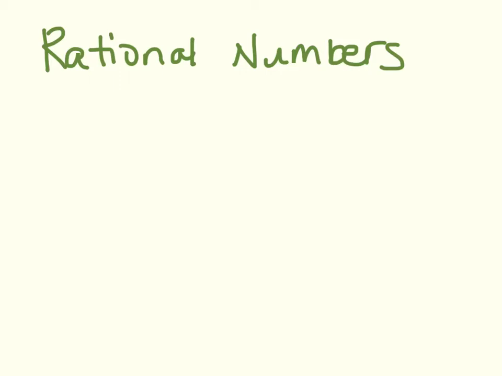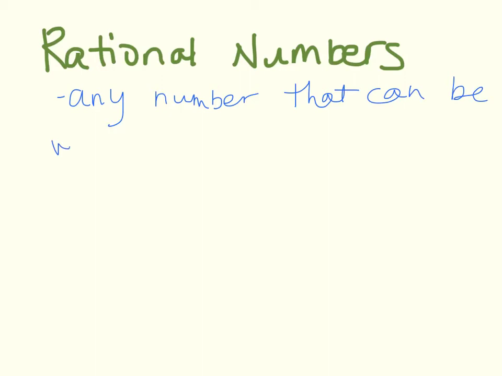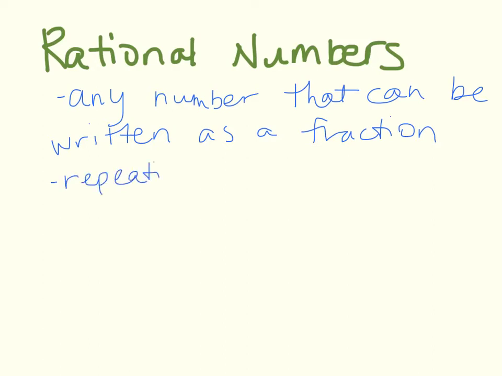The way we describe rational numbers is any number that can be written as a fraction. So it includes any kind of fraction, and it includes most decimals, but our decimals either have to be terminating or repeating. So it does include repeating or terminating decimals.